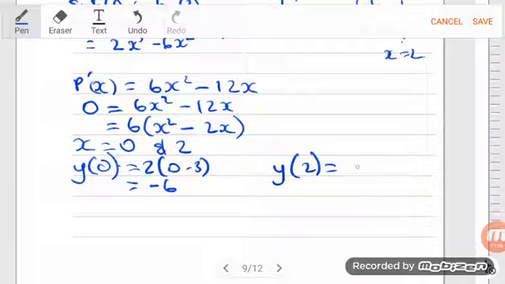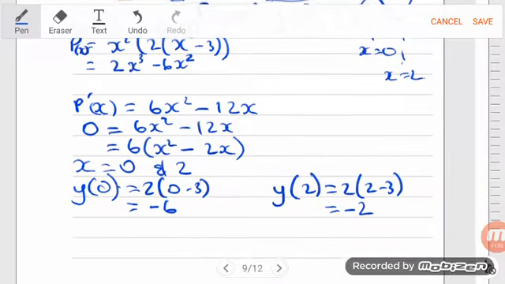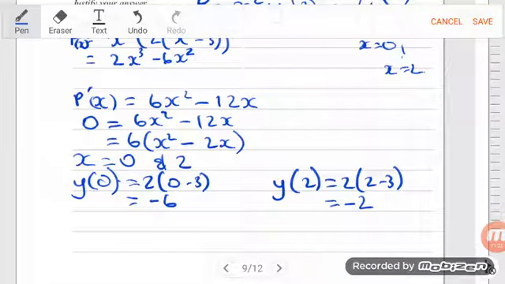The y value when x is equal to 2 is negative 2. Okay.